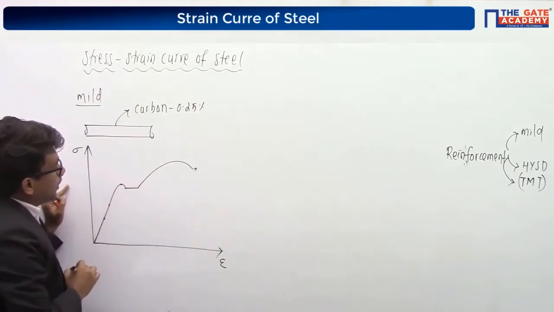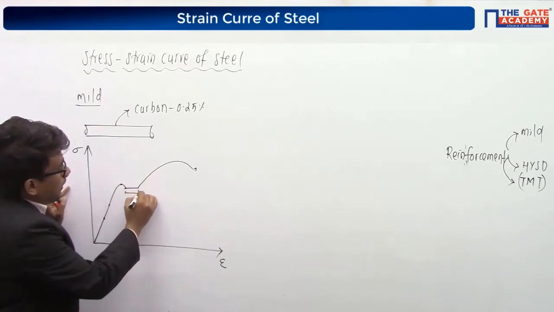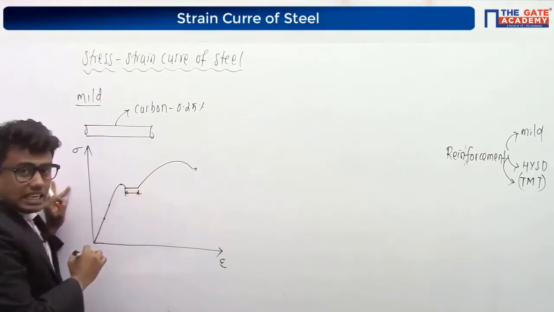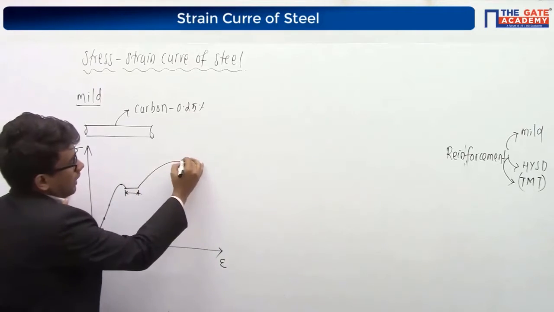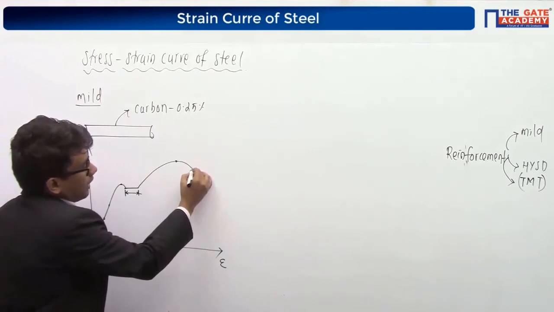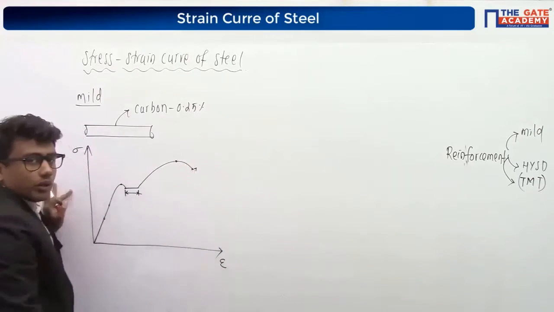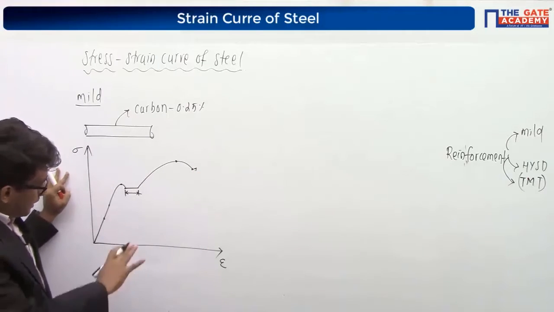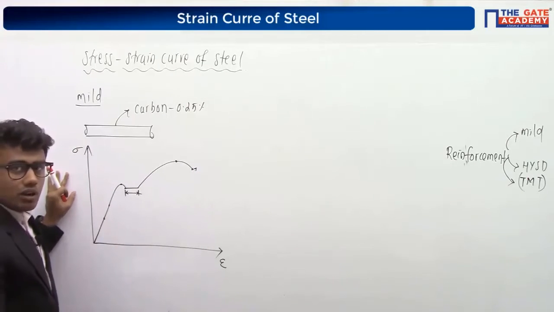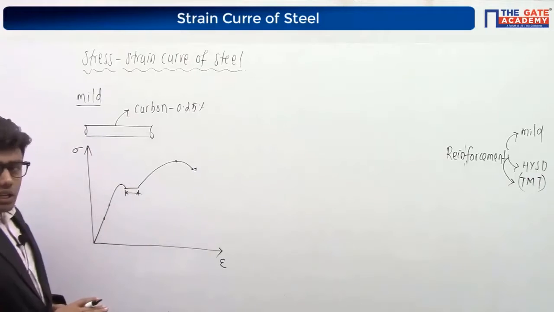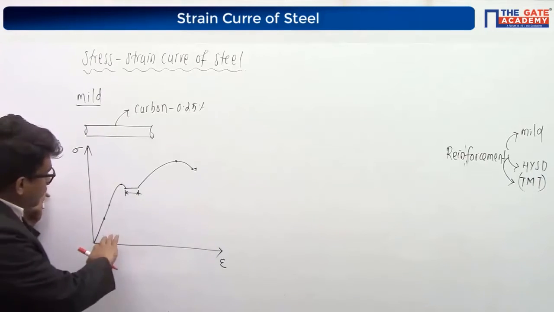We have one upper yield point, we have a lower yield point. This is called the plastic region, or the yield plateau, right? Then we have our ultimate load point and we have our failure point also. This is actually our stress strain curve of the steel. In this curve we have different points, right?